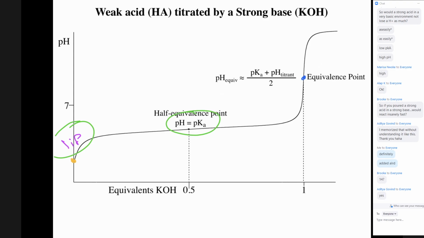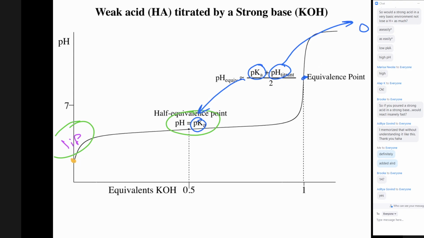So this point here is an average of the pKa and the pH of the titrant. Okay, this one down here is the funky weird one.